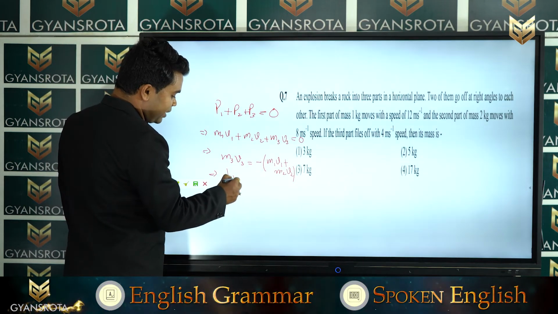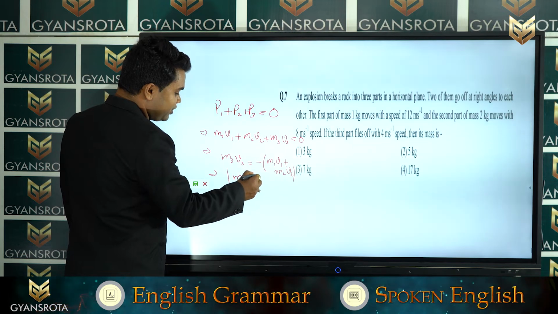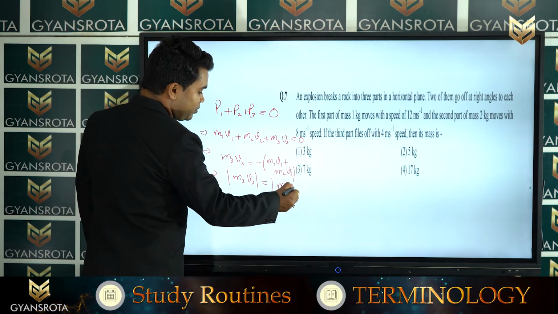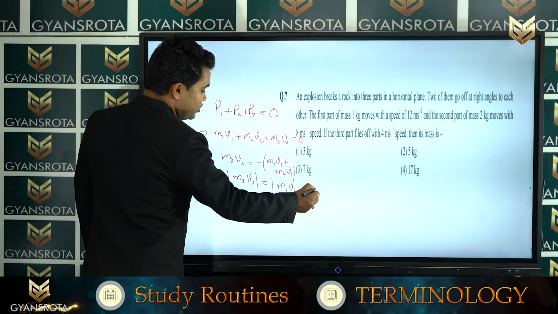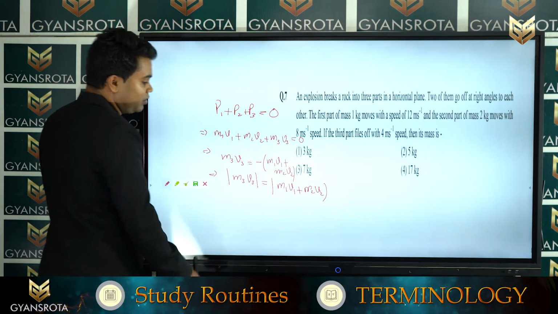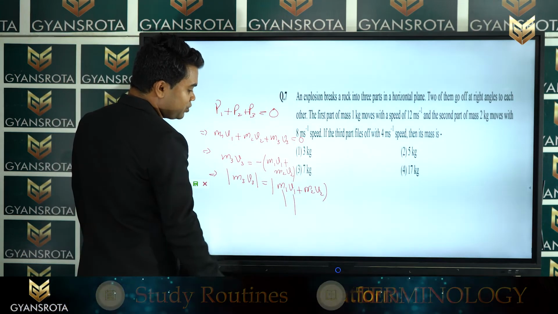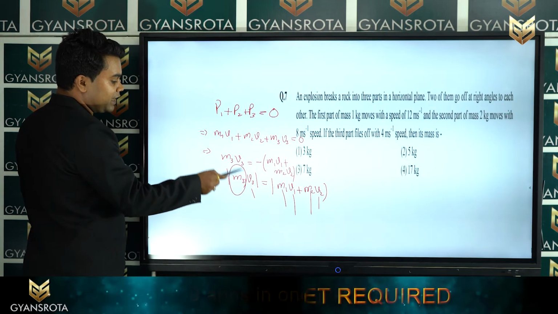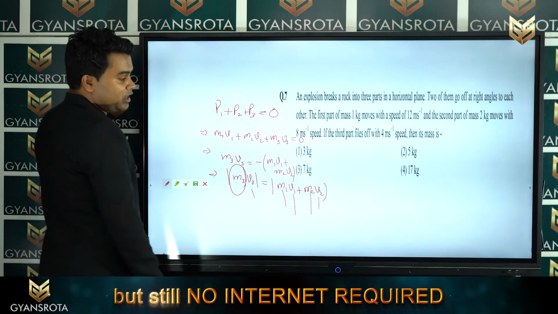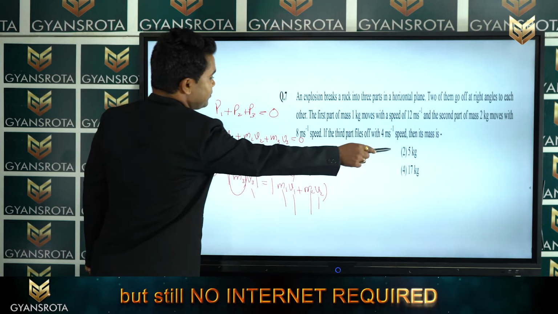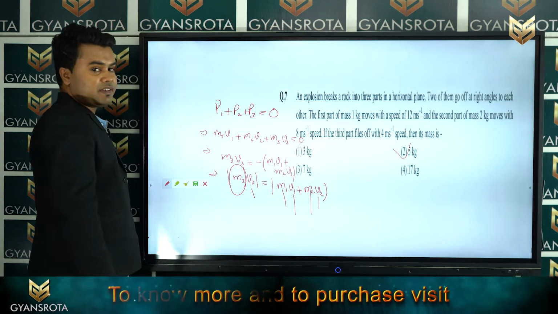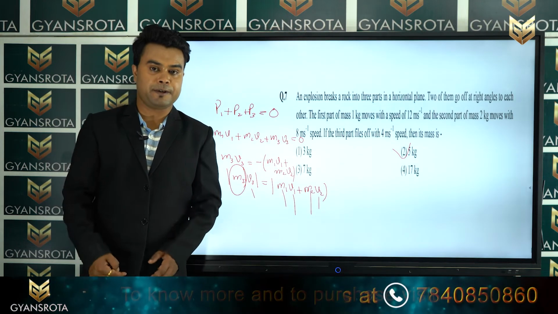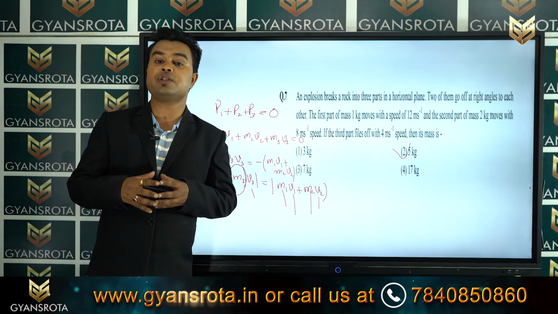So mod of M3 V3 equals M1 V1 plus M2 V2; mass is only positive. M1, V1, M2, V2 and V3 are all known. You need to calculate M3. The right answer for this question is 5 kg. You can try it by yourself and see, it will come as 5 kg only. Now let us move to the next question, that is question number 8.